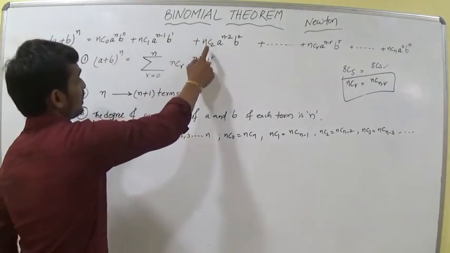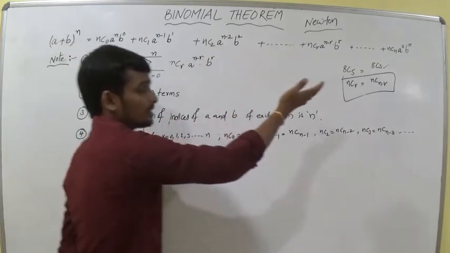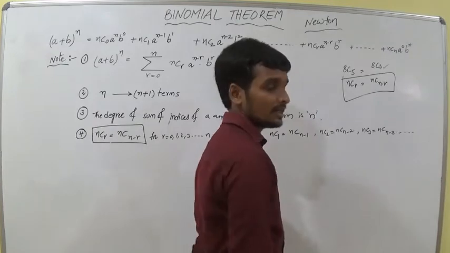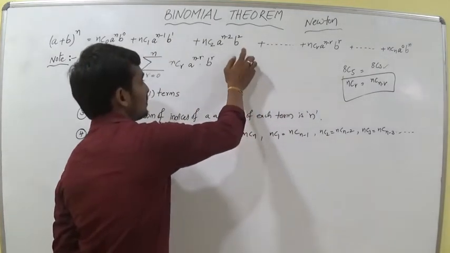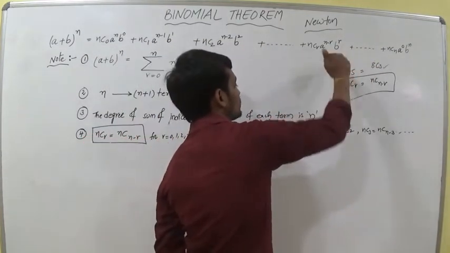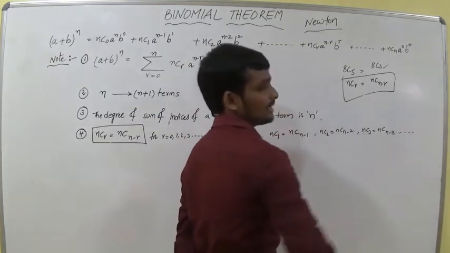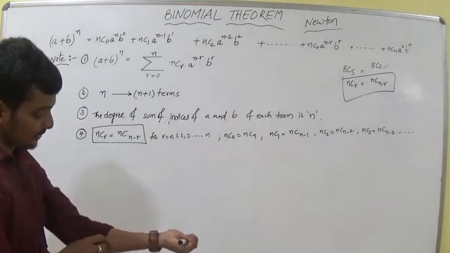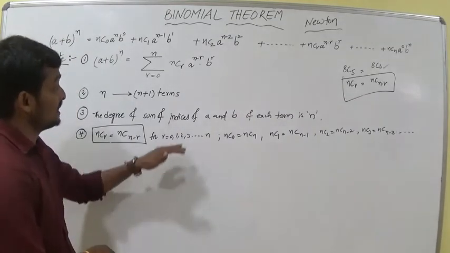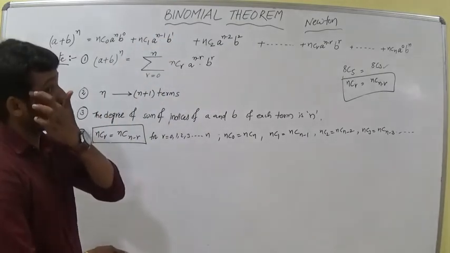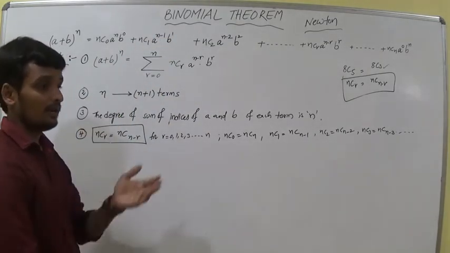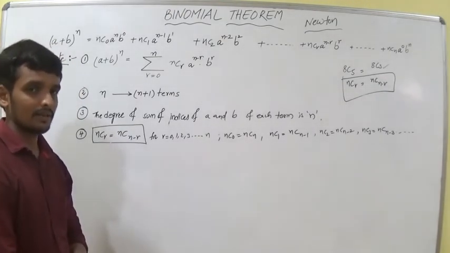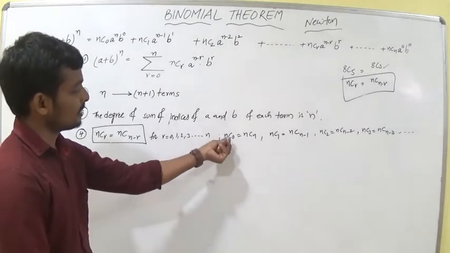And the next term, the third term, is nC2. The third term from the last is nC(n minus 2). The same way, nC3 is the fourth term, and from the last, the fourth term is nC(n minus 3). That means the coefficients in the binomial theorem are equidistant from the beginning and from the end.